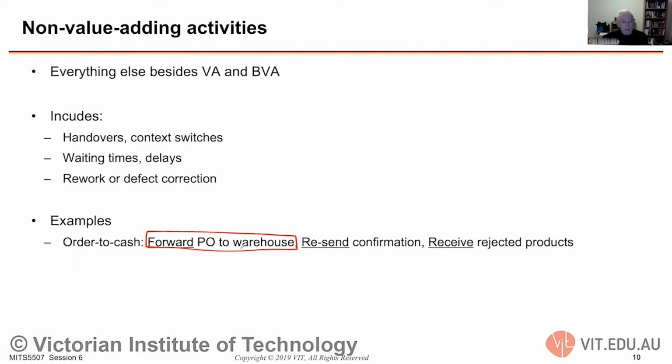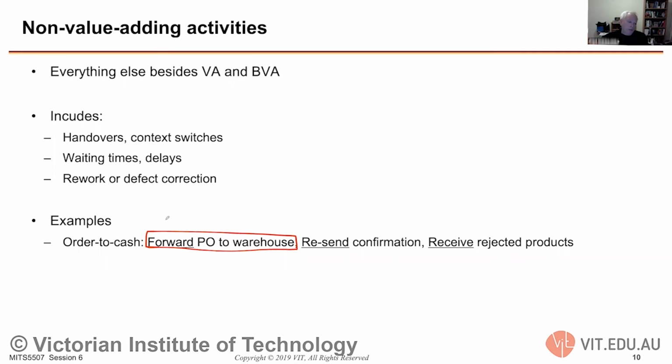It's something that has to be done, so it's got to be taken to the warehouse in order for the goods to be picked off the shelf. So it's one of those steps that we can't eliminate, but we might be able to streamline it. It depends how it's undertaken.